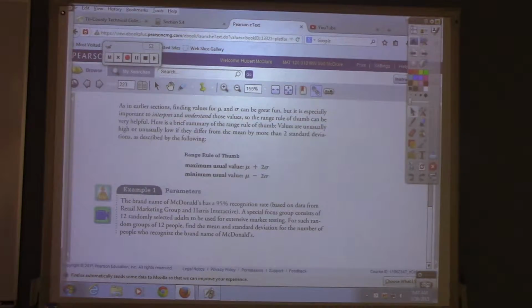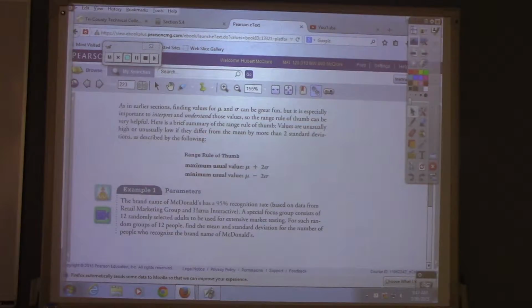A special focus group consists of 12 randomly selected adults to be used for the marketing test. For such random groups of 12 people, find the mean and the standard deviation for the number of people who recognize the name brand of McDonald's.